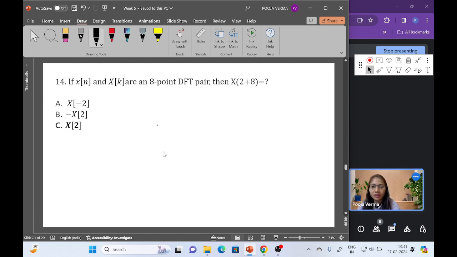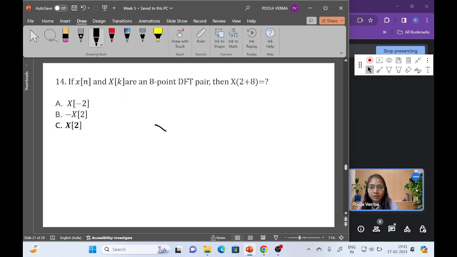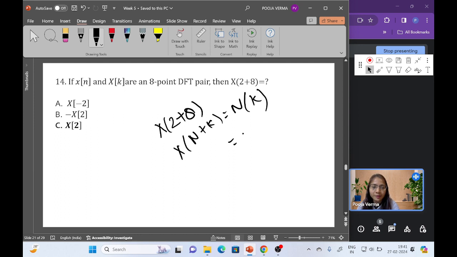This is also a circular array property. So x of n plus 8, or x of n plus N, will be x of n. What will we get? x of 2 only. Here it is an 8-point DFT, so it will be x of n only. Okay, so option C is the correct answer for this question.